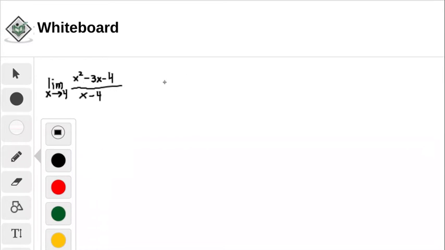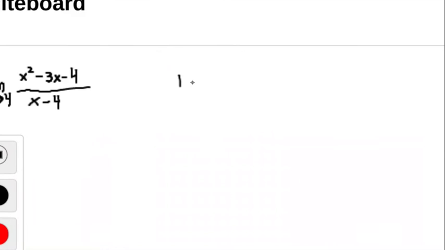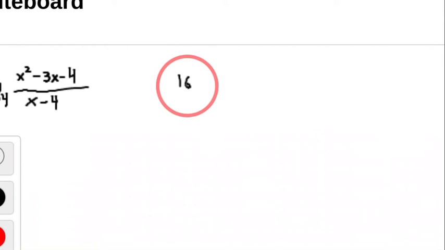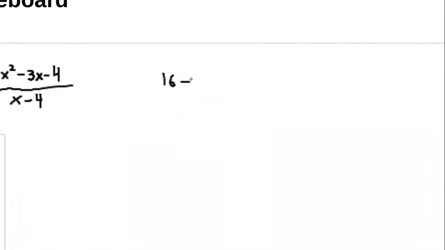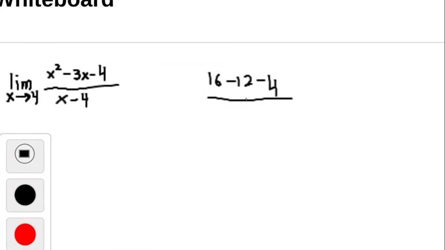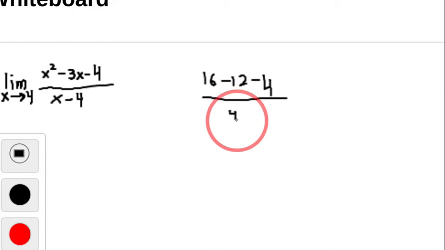So that would give us 4 squared is 16 minus 3 times x is 12 minus 4, that's 0, divided by 4 minus 4 is also 0.